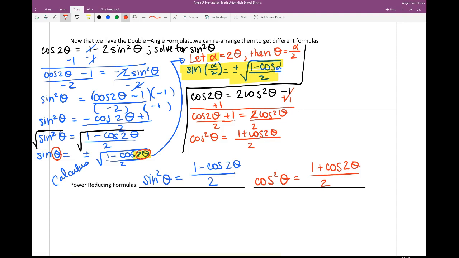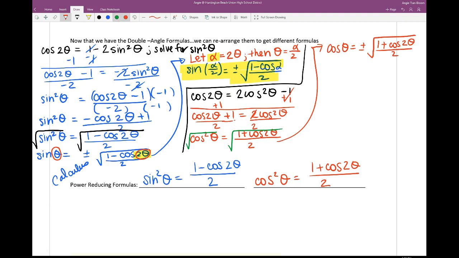Okay, but I'm going to have to go further because I'm solving for just cosine. Okay, so I'm going to keep on going. Here we go. From here I will take the square root. If I take the square root, I will need to do plus or minus. So now I have cosine of theta equals plus or minus big radical 1 plus cosine of 2 theta all over 2.